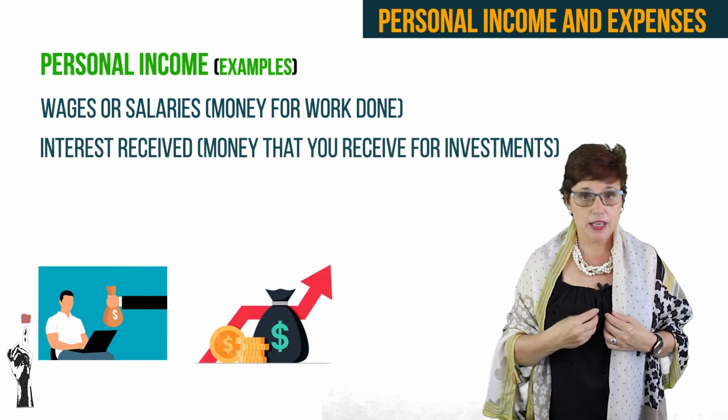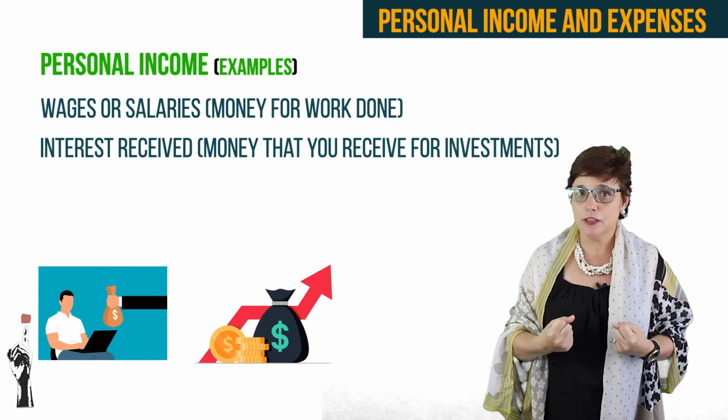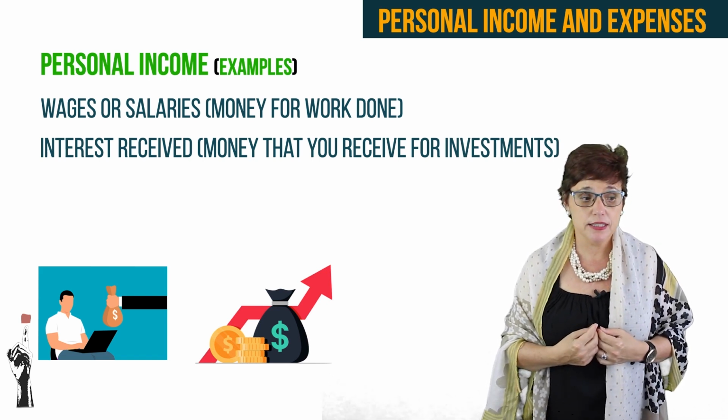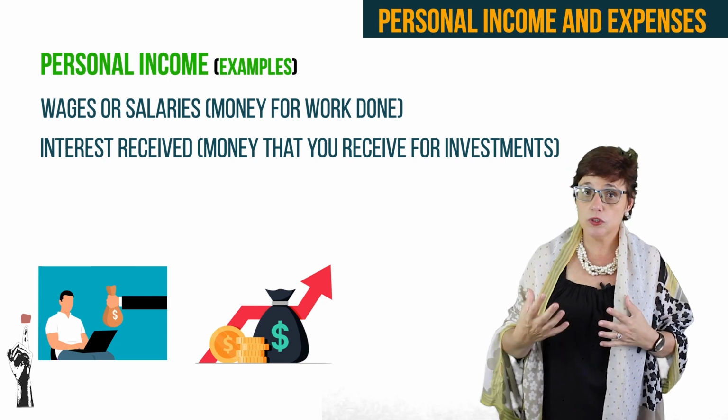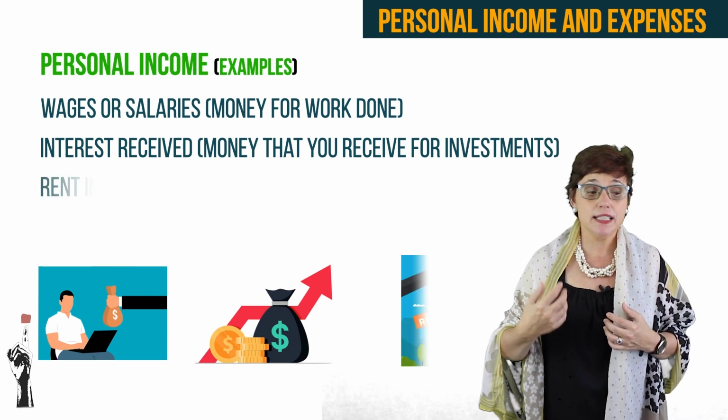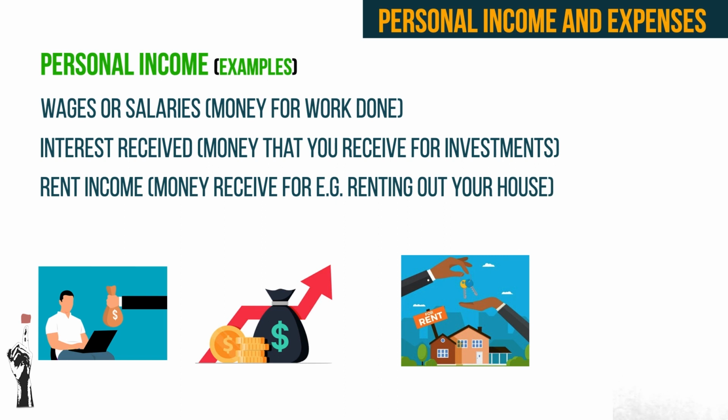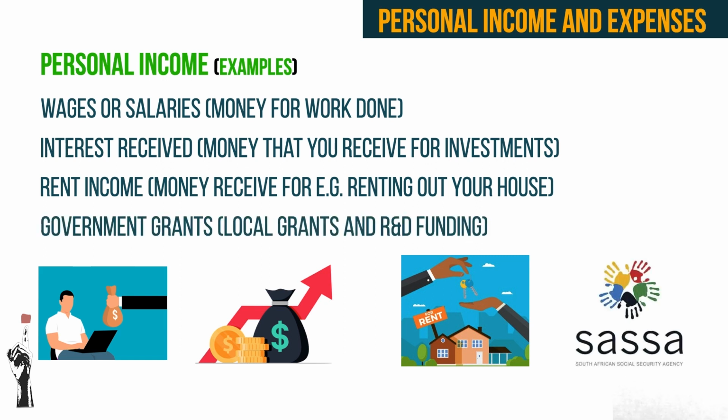Interest received is interest that you receive from your investments. Then you can also earn money through rent income, that is, if you rent out a building or a house. And the last example is social grants or government grants.